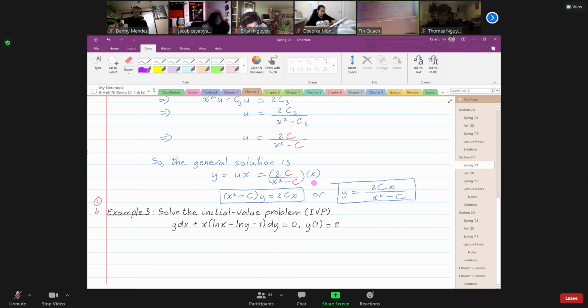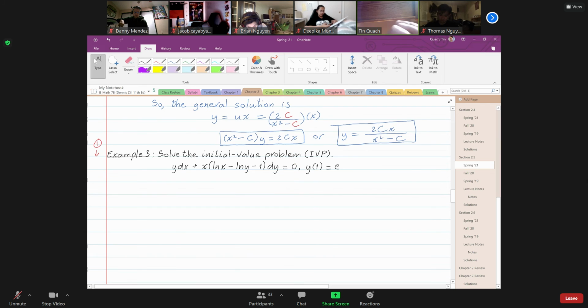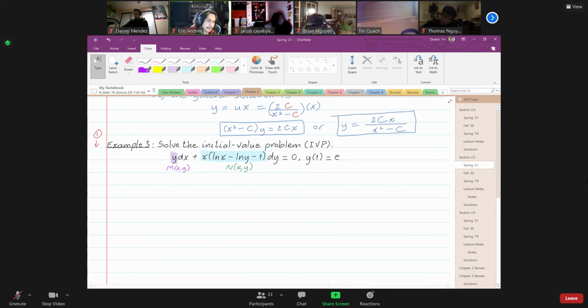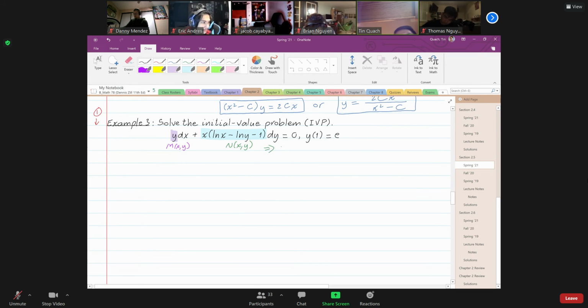So from here, you know that this is m, right? So that's m. And that is n. All right. So which one is simpler? M. Okay. So you say implies m is simpler.